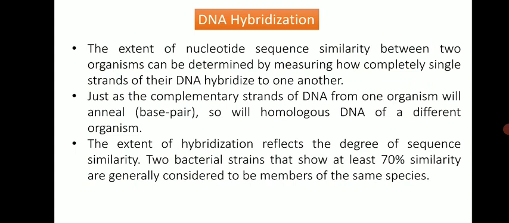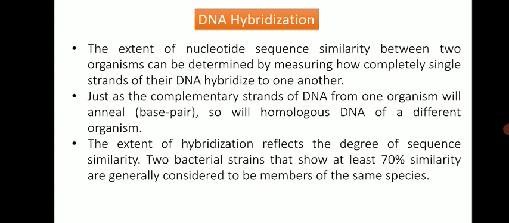Just as complementary strands of DNA from one organism will anneal or base pair, so will homologous DNA of different organisms. So basically this technique relies on homology between two DNA molecules from two different species.